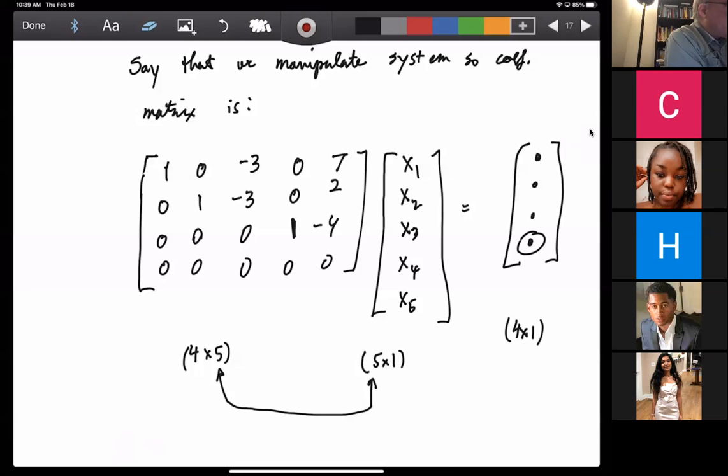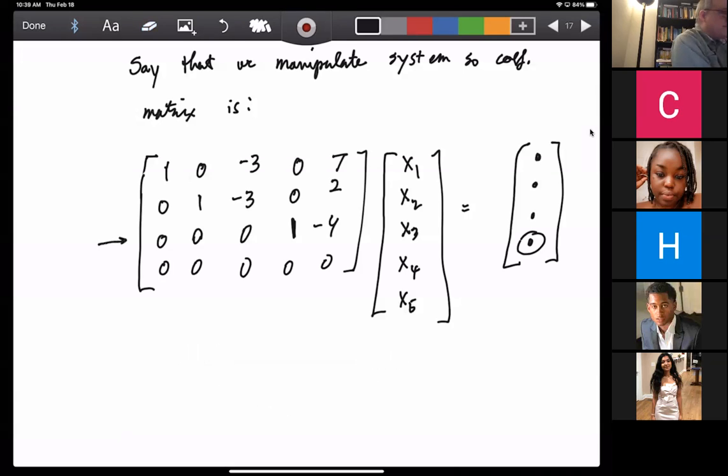So both of those things are useful to think about. For now, if we're just thinking of this as the coefficient matrix in reduced row echelon form, notice what's happening with these equations. If we look at the third equation, let's say the system is solvable. I'll have 0 times x1, 0 times x2, 0 times x3, and then x4 minus 4x5 equals whatever is on my right-hand side here.